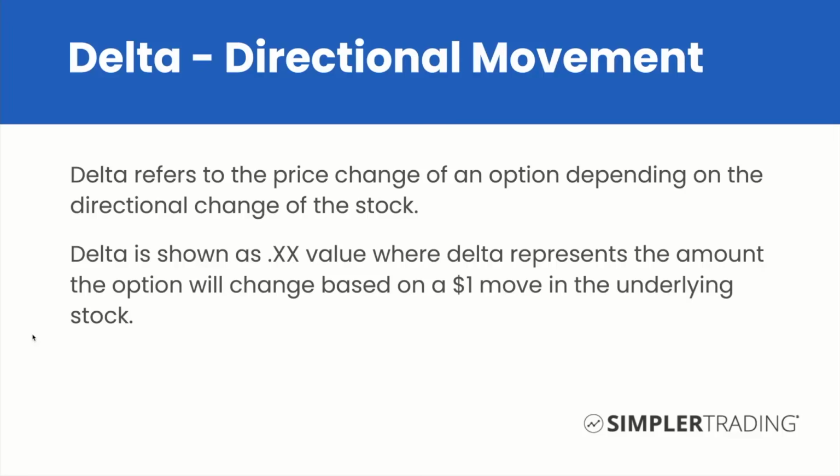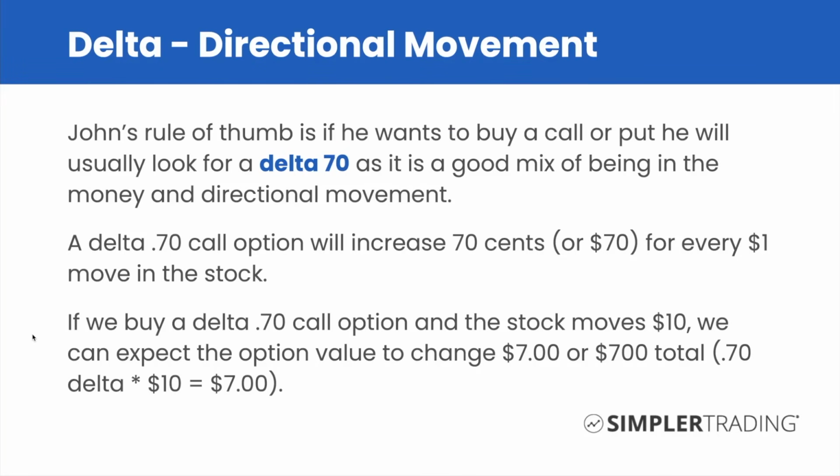So the delta represents the dollar movement per $1 change in the underlying stock. If it's a delta 50 and the stock moves $1, the option's price will move by 50 cents, and so on. So John's rule of thumb is if he wants to buy a call or a put, he will usually look for a delta 70, as it is a good mix of being in the money as well as capturing directional movement.